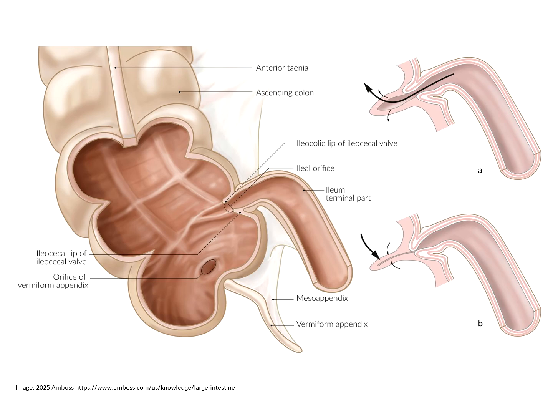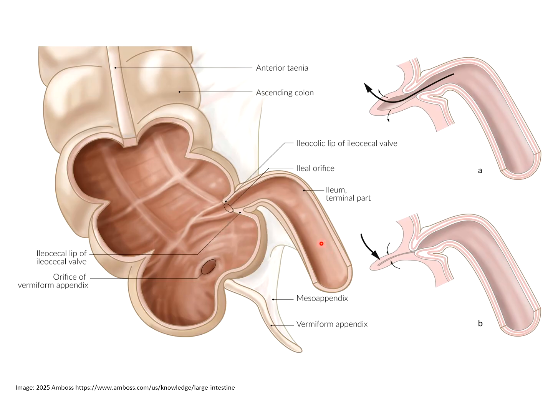So here is a nice diagram that shows you the diameters of both the small intestines here and the large intestines. So you can see that large intestine diameter is definitely much, much larger. And then you can see where they meet, there is that ileocecal valve.